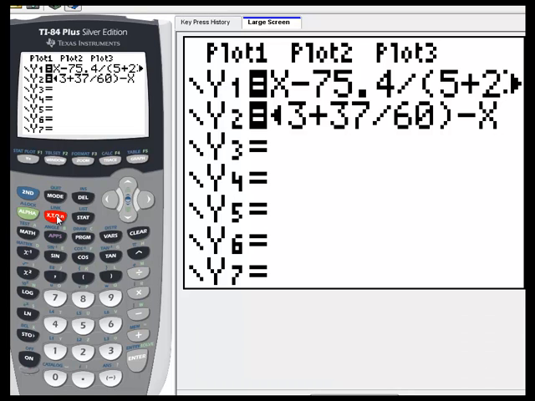Alright, now let's see. As far as a coordinate system, let's think about this window here. Now x, looking back at our definition, is the speed of the boat in still water. Okay, it's a patrol boat. So just what kind of numbers are even sensible here? Let's maybe say 0 to 60 miles per hour.